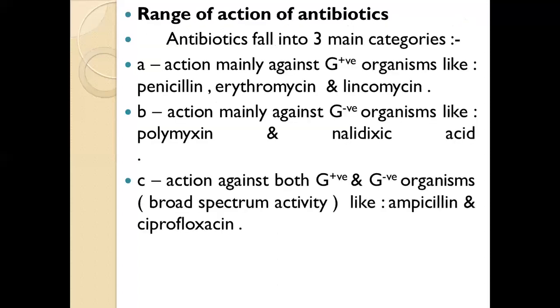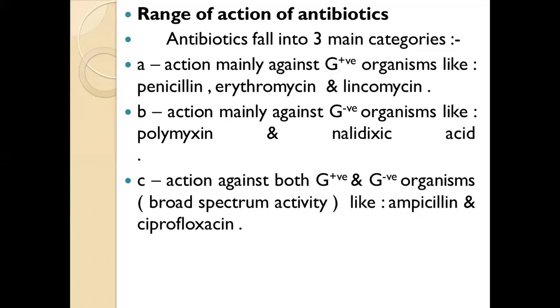Now, we study the range of action of antibiotics. Antibiotics fall into 3 main categories. As you know, we can classify bacteria into 2 groups: gram-positive and gram-negative organisms, depending on the structure of their cell wall.